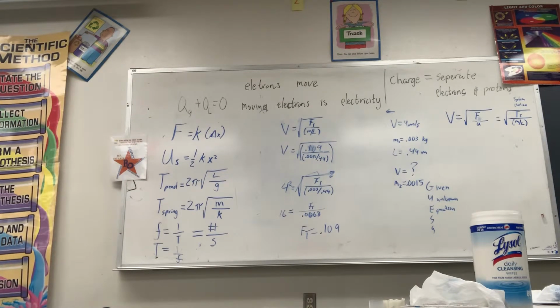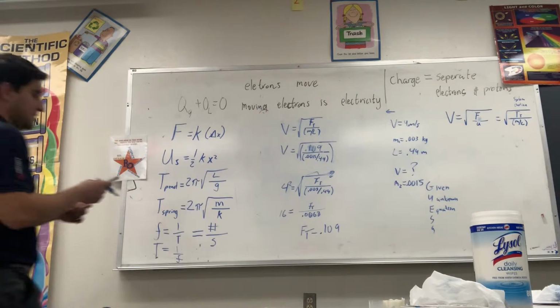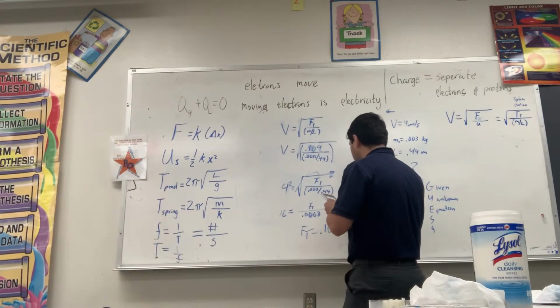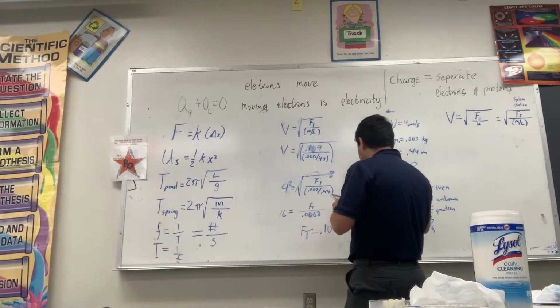Or you can do it longer, putting this first and then plugging that in. The new speed would be 5.6545.